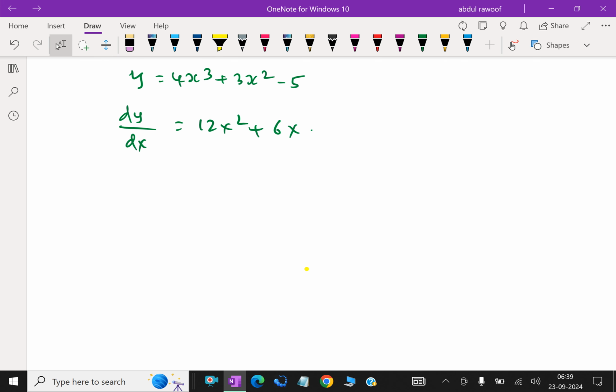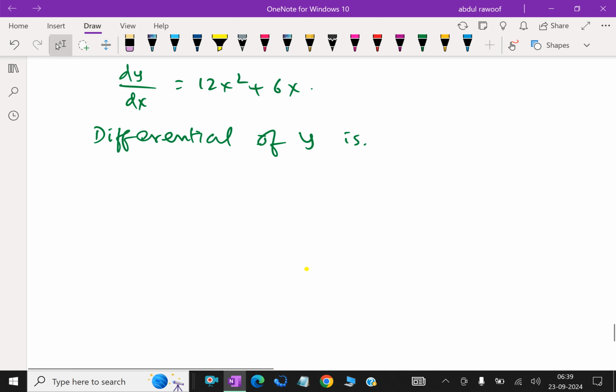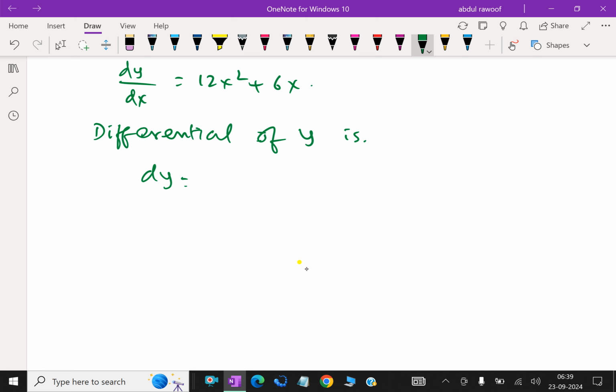Therefore, the differential of y is dy equals (12x squared plus 6x) dx.